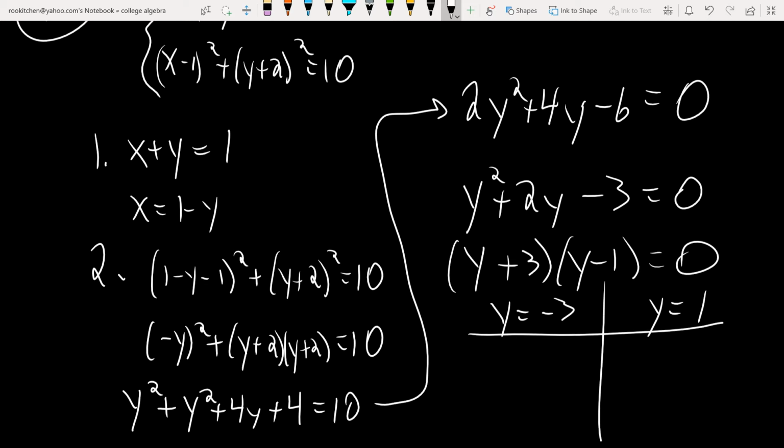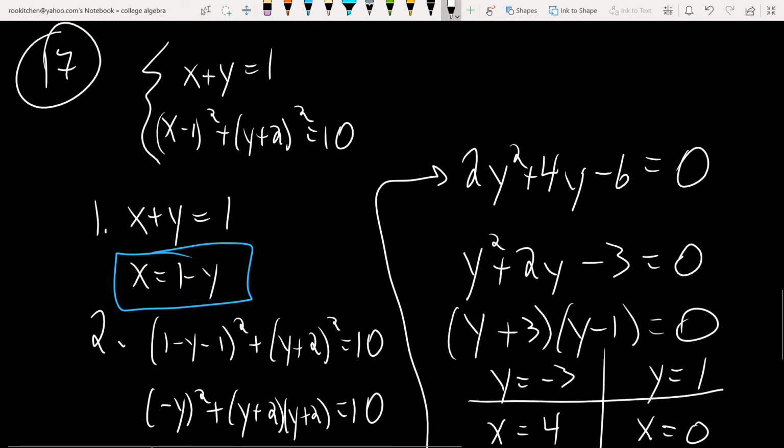I can plug that back into this equation over here in blue and quickly get x. So x is 1 minus negative 3, is 1 plus 3, is 4. And then 1 minus 1 is just 0. So my potential solutions: 4, negative 3, and then 0, 1.